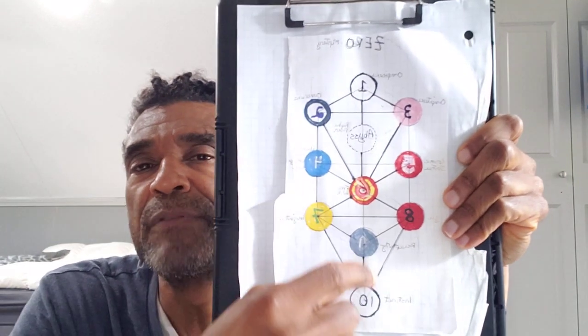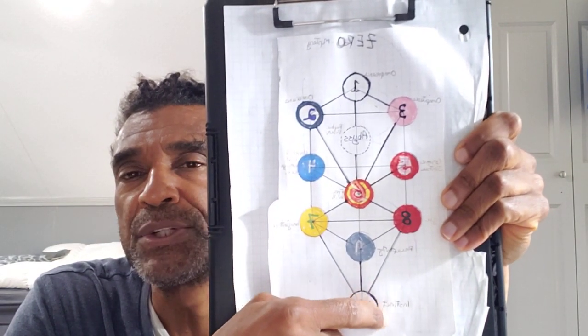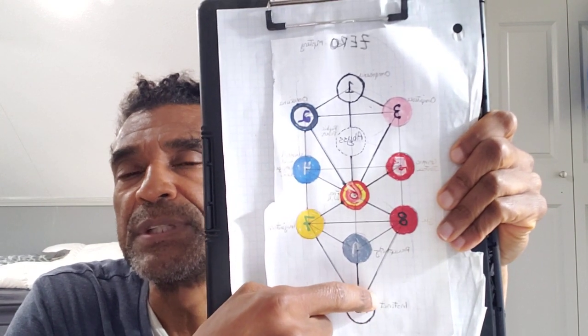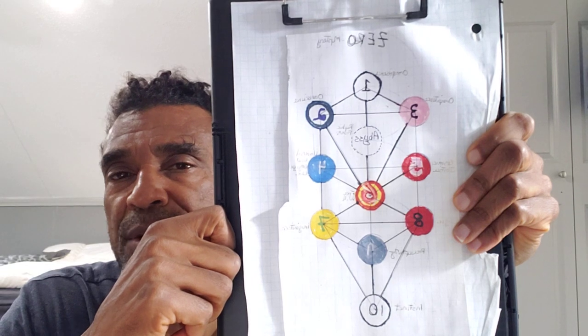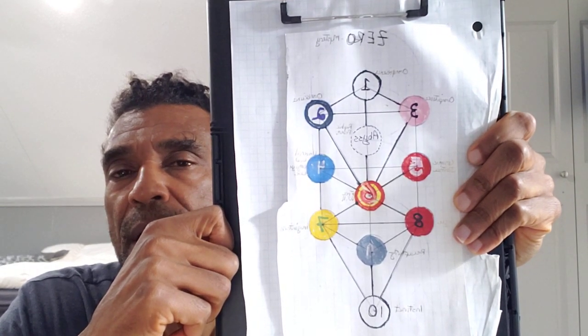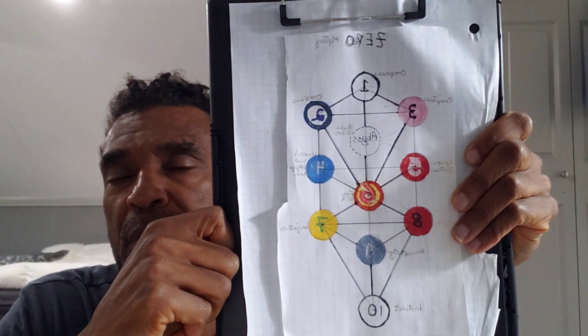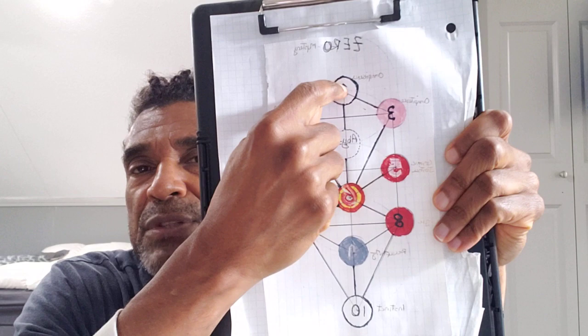Okay, now each one of these circles or spheres, if the tree is a map of our consciousness, is an aspect of our consciousness, or a faculty of our consciousness, an ability of our consciousness. And today, when we're looking at number 132, we're looking here at the first sphere.